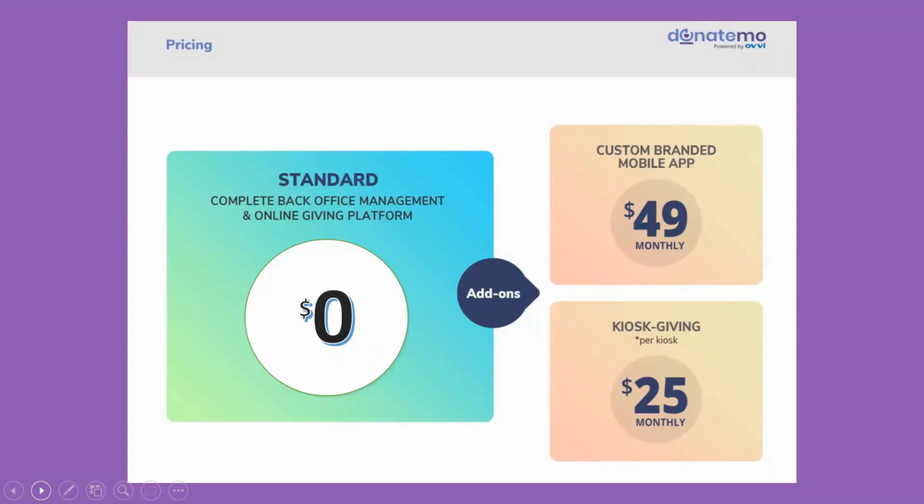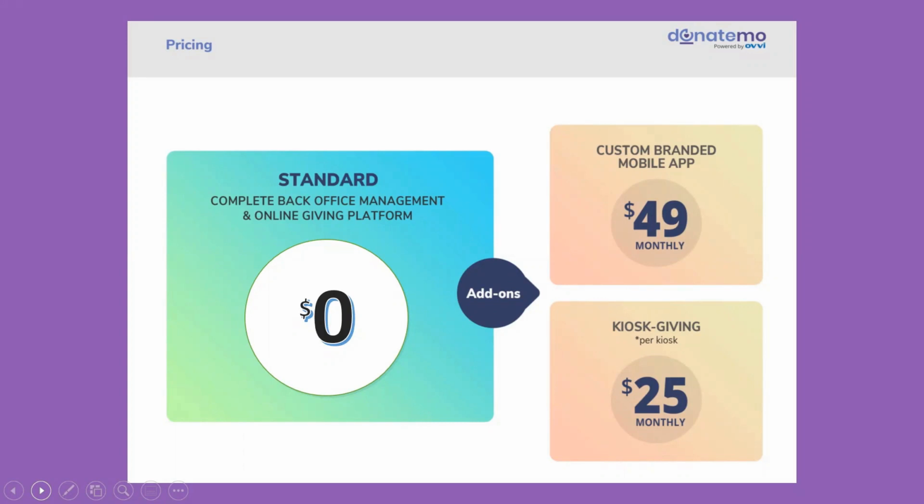Your merchant services cost for all credit card types, that includes American Express, that many organizations like to shy away from because of their higher cost, well, with Donate Mo, that cost is 2.5% and 30 cents per transaction.